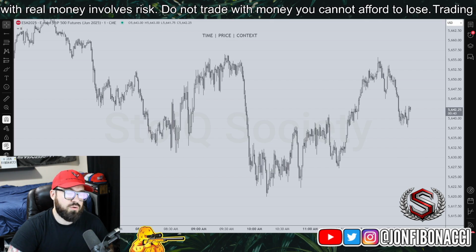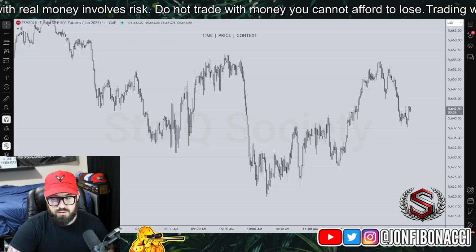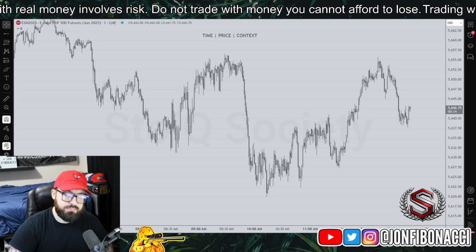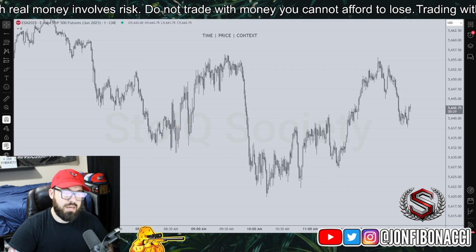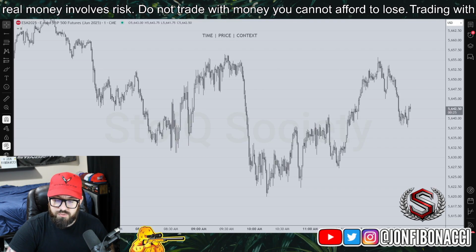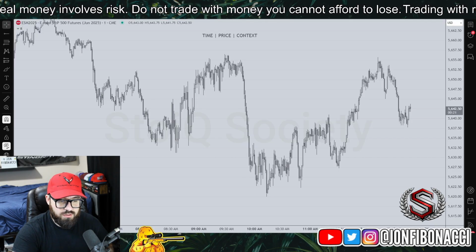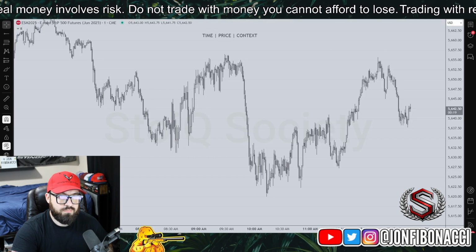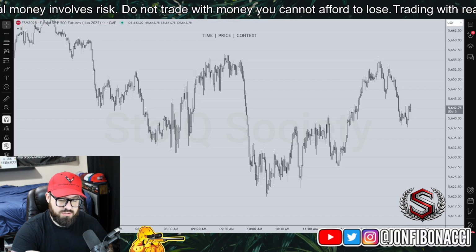Oh, this is only a 1-to-1. Okay, that's not a low risk, high reward setup. 1-to-2, maybe. 1-to-3, anything greater than a 1-to-3, that's a low risk, high reward setup. So it's almost like a checklist, if you will, not of specific confirmations, but more of context.